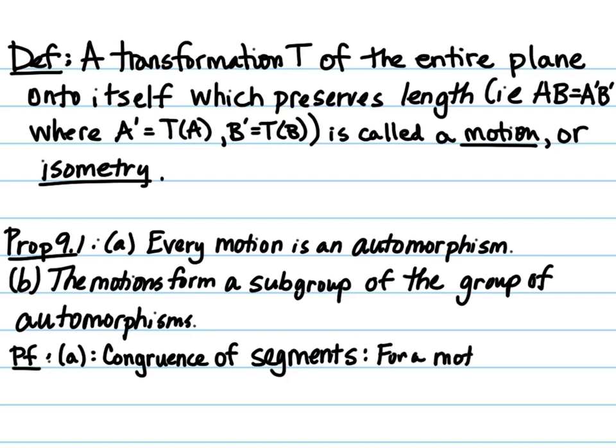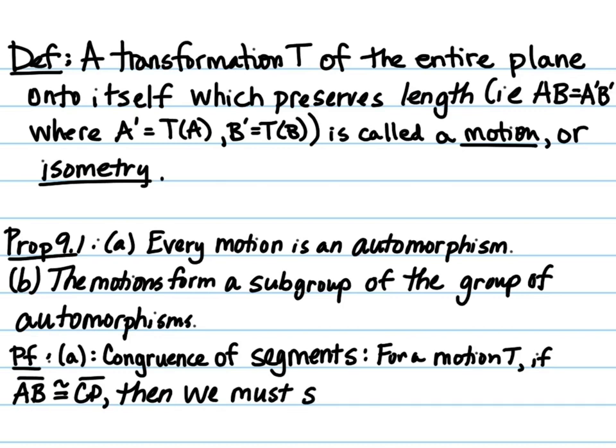For a motion T, if AB is congruent to CD, then we must show A prime B prime is congruent to C prime D prime. That's our goal.